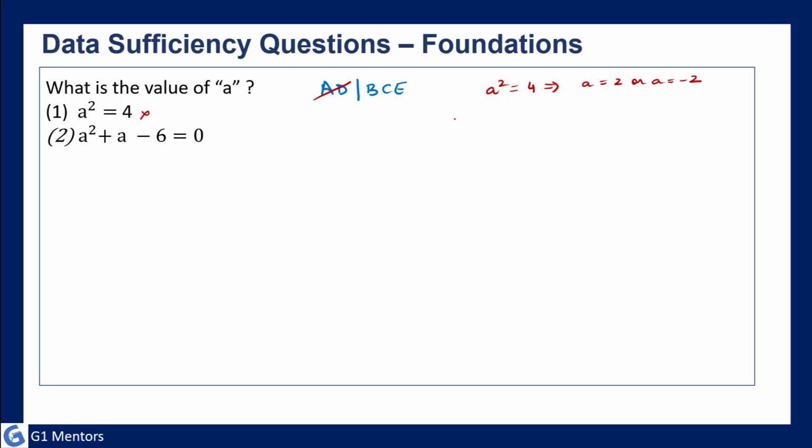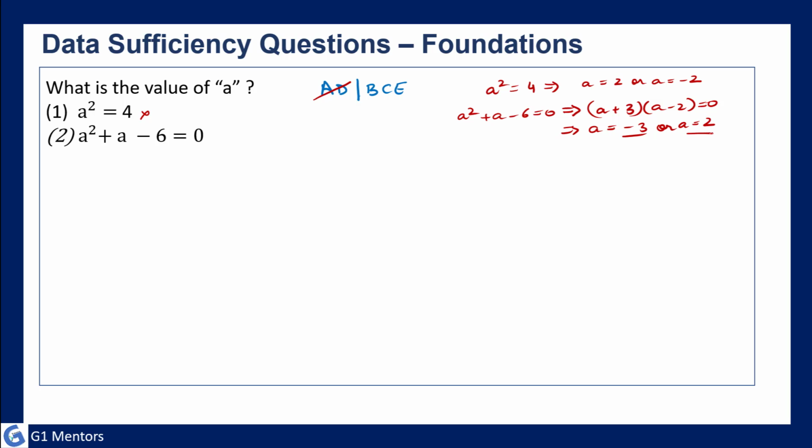Now let me take statement 2 alone, that is a square plus a minus 6 is equal to 0. I'll factor this equation. Don't worry if you don't know how, we'll cover that in detail in the equations chapter. It says a plus 3 times a minus 2 is equal to 0. That implies a is equal to minus 3 or a is equal to 2.